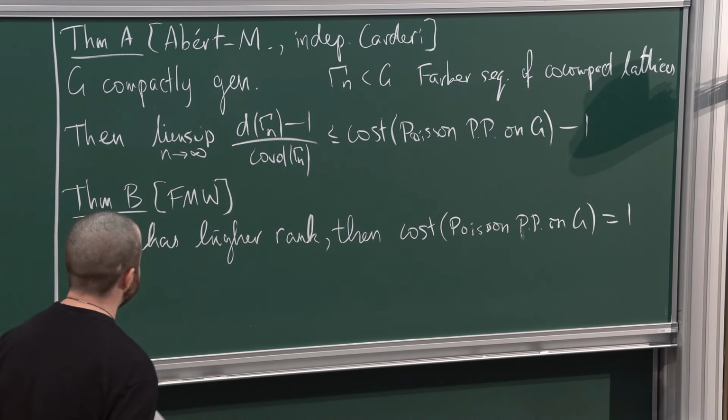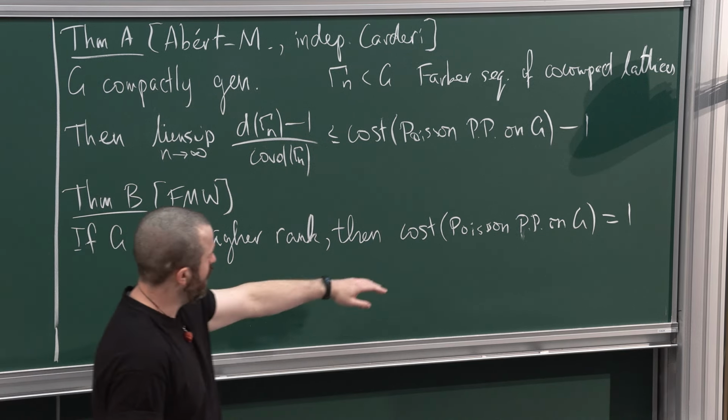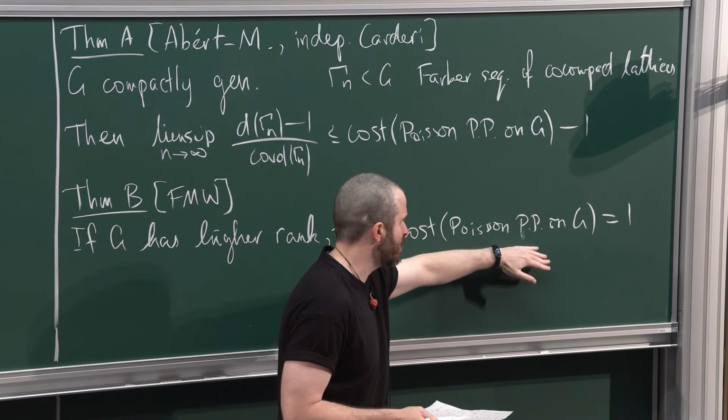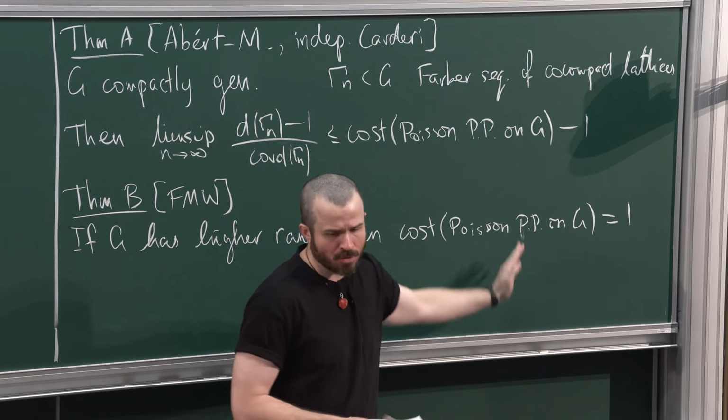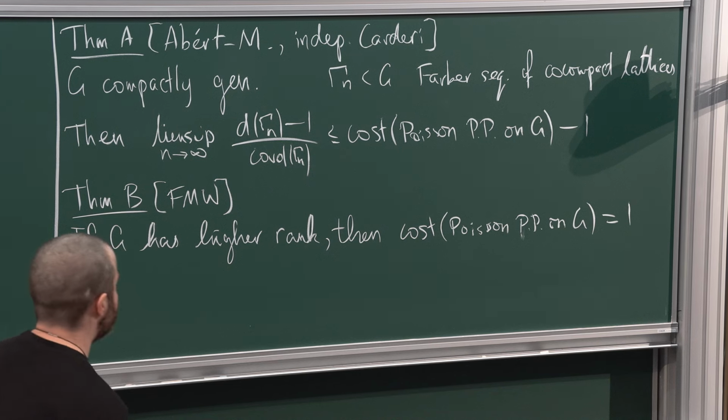OK? And so just a bit of jargon. You can take this as a definition for now. Saying that the cost of the Poisson point process on G is 1, this is equivalent to saying that the group has what's called fixed price 1. So during these lectures, I will explain what this terminology is.